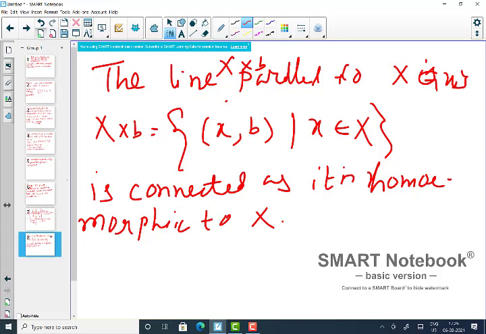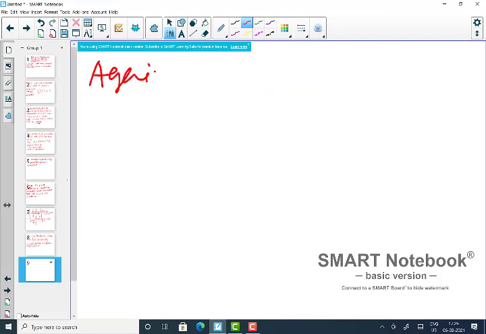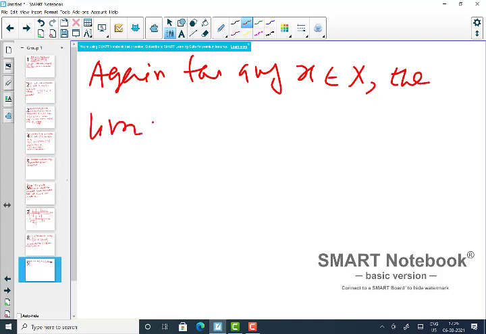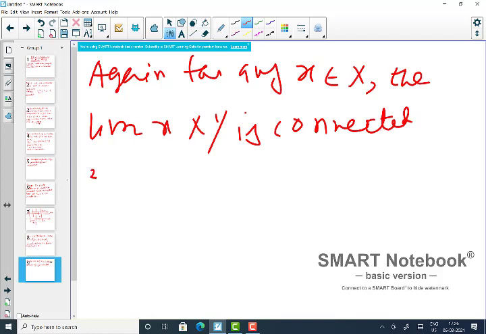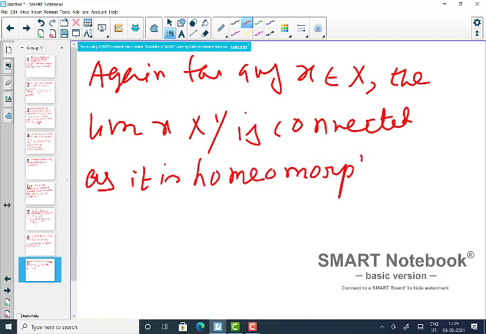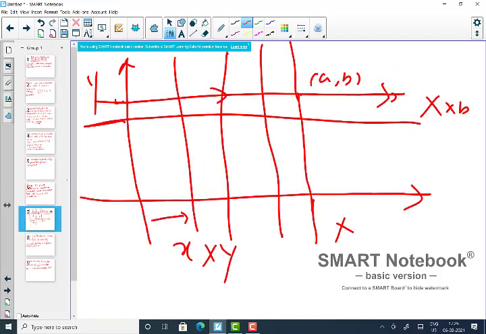Again, let me write it properly. For any x belonging to X, the line {x} cross Y, the points (x, y), is connected as it is homeomorphic to Y. If you choose one such line, it doesn't matter, and then the first line, you have this kind of plus sign.